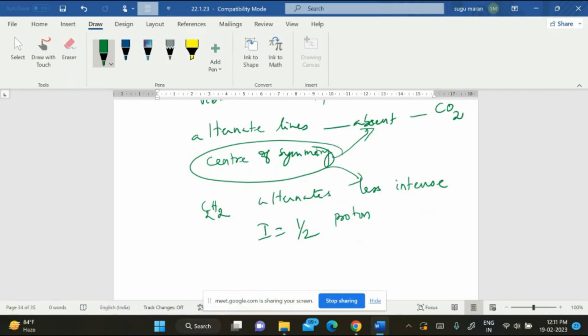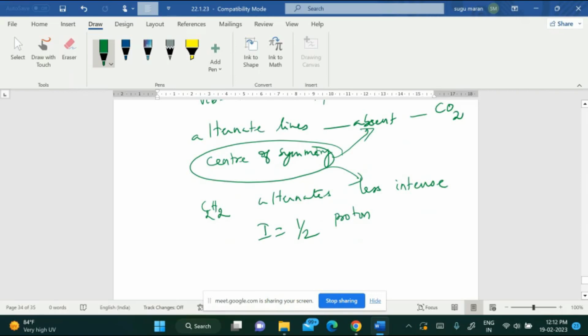For non-center of symmetry molecules, there is no difference. All the lines are intense. But for a polyatomic molecule with a center of symmetry, the alternate lines in the PQR branches are either absent or less intense. Why are they less intense?